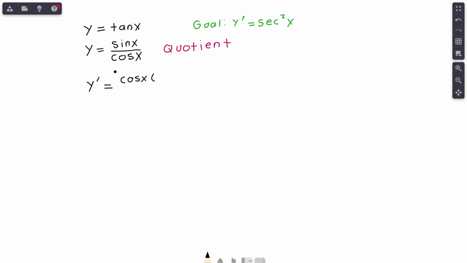The derivative of sine is cosine, minus high d low. So the derivative of low, the derivative of the denominator. The derivative of cosine is negative sine. This is all over low squared.